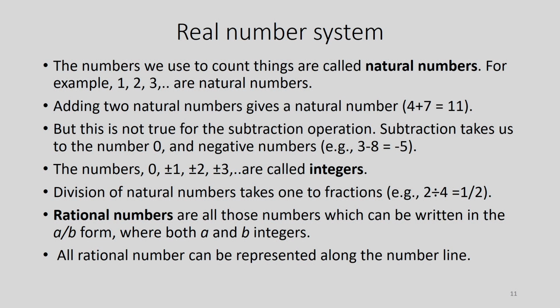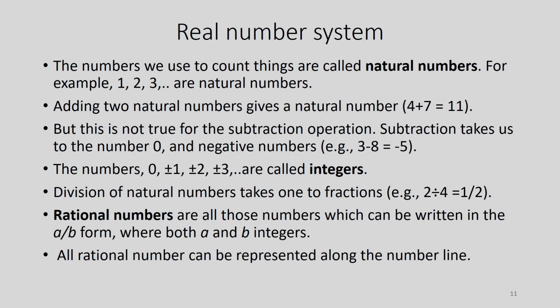So, by adding you are staying inside the domain of natural numbers, but this is not true for the subtraction operation. If you subtract one natural number from another natural number, do you get another natural number? Not necessarily. Subtraction takes us to the number 0 and to negative numbers.